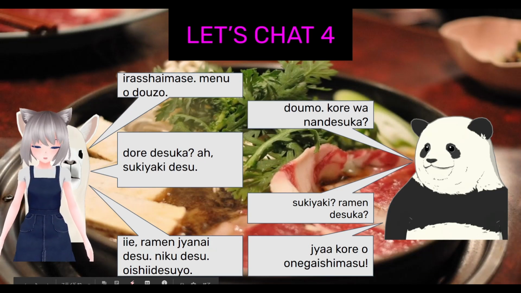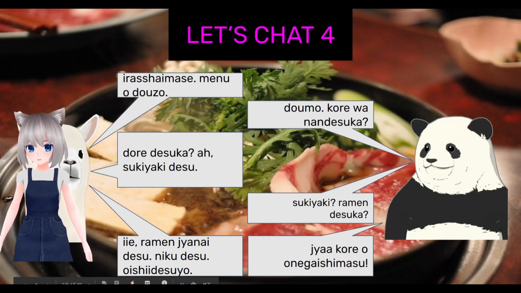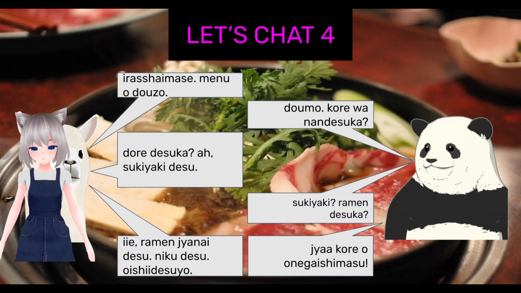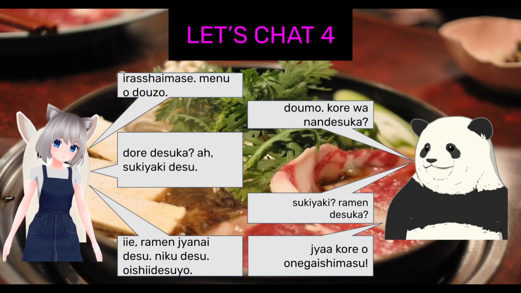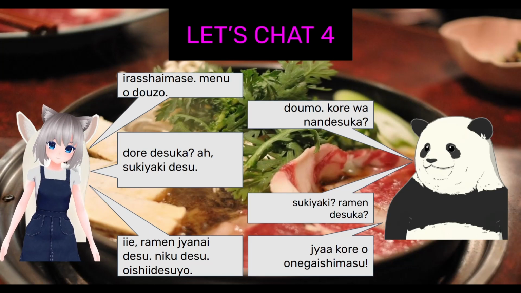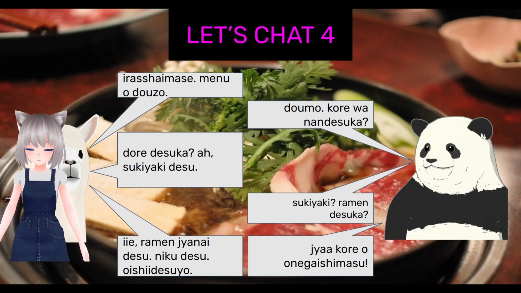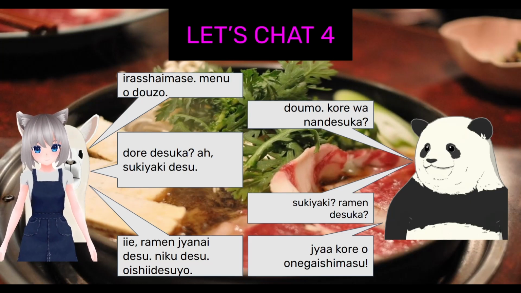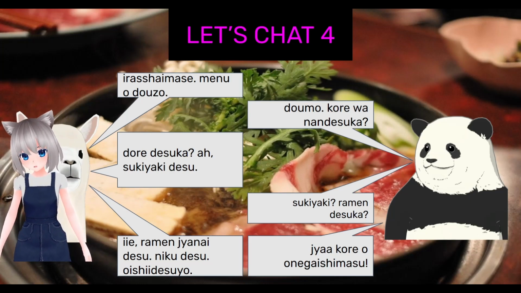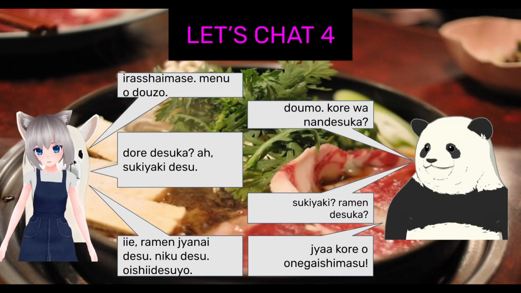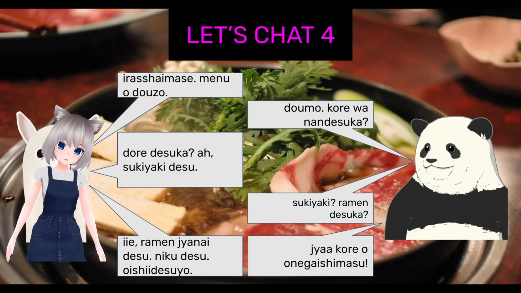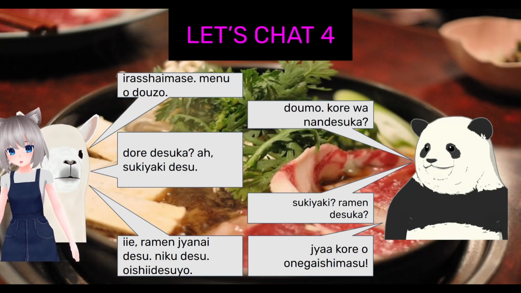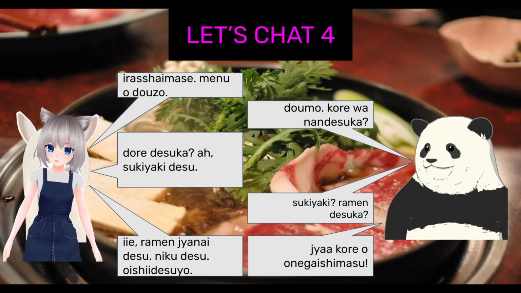Okay, next one. いらっしゃいませ。メニューをどうぞ。どれですか？ああ、すき焼きです。いいえ、ラーメンじゃないです。肉です。美味しいですよ。No, it's not ramen. It's meat. It's actually technically hot pot, but it's really delicious.